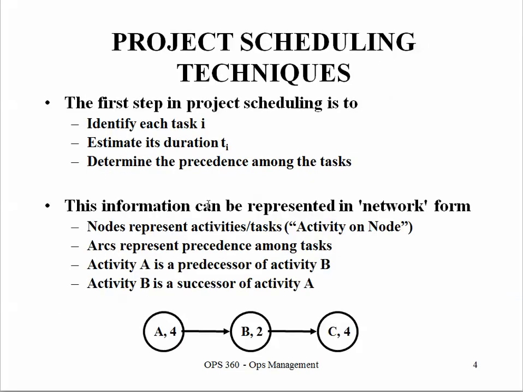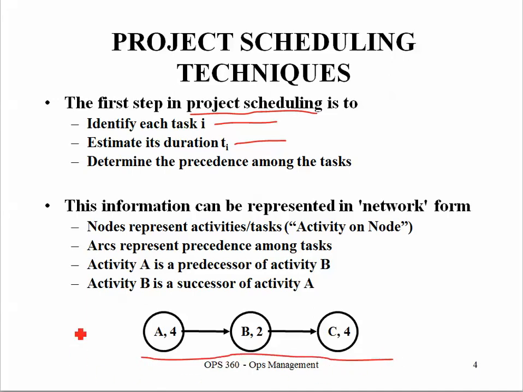So we have to identify each possible task in the project. Right? That's the first thing we have to do in coming up with a project schedule. We have to estimate the duration of that task, and also very important, determine the precedence of that task among all the other tasks. Right? So let's take a look at this little simple schematic down here.